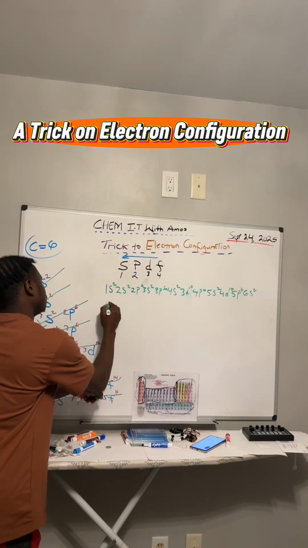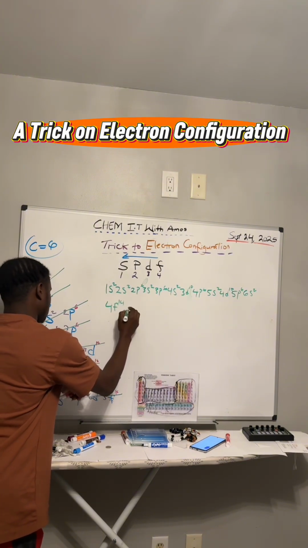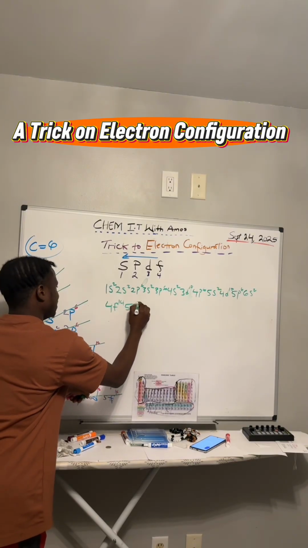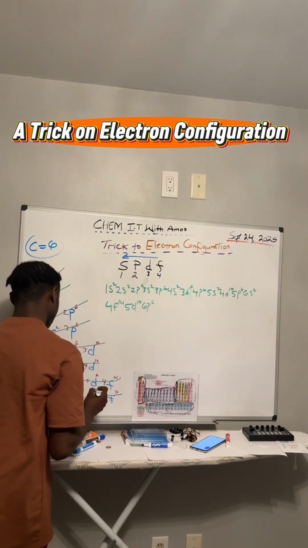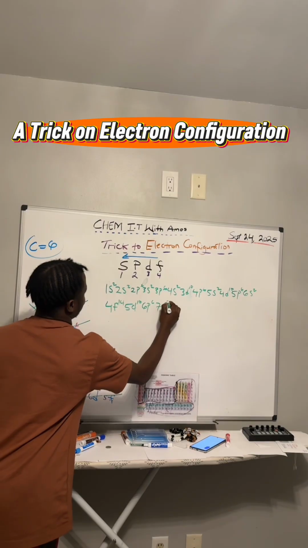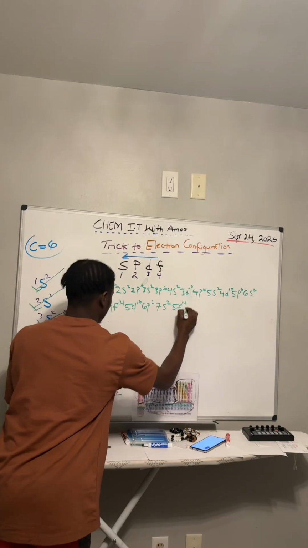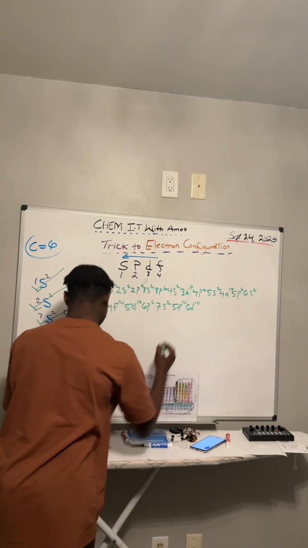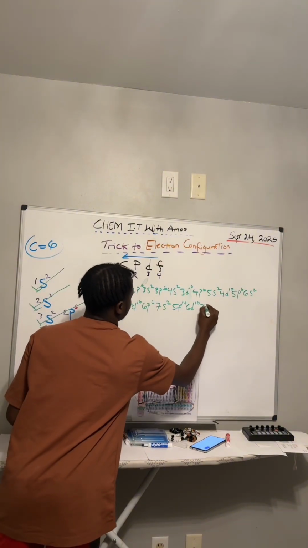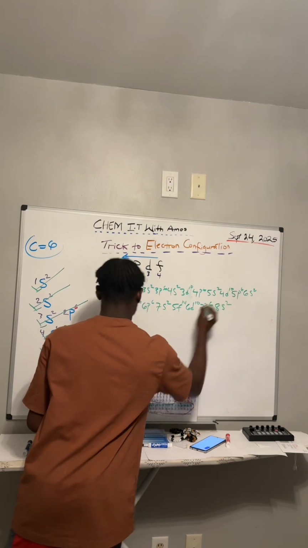So you say 4f14, 5d10, 6p6, 7s2, 5f14, 6d10, 7p6, 8s2.